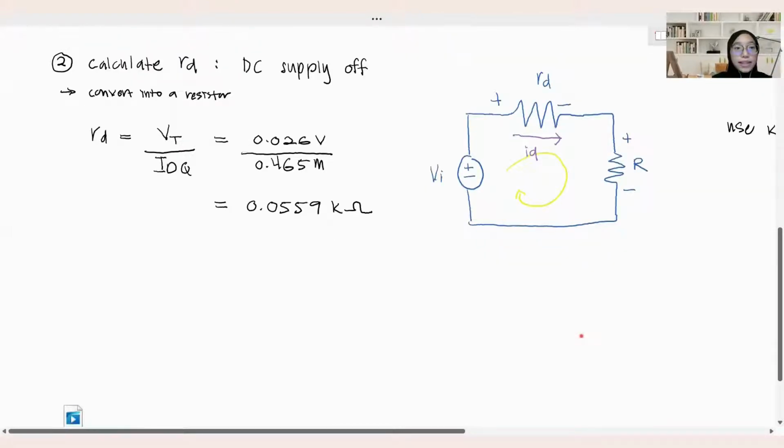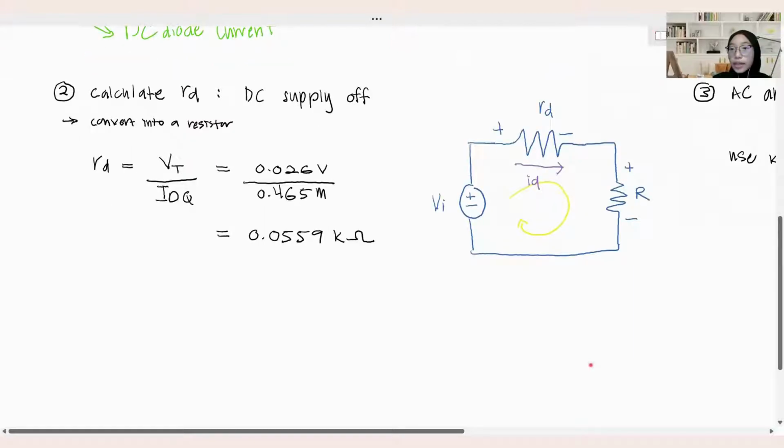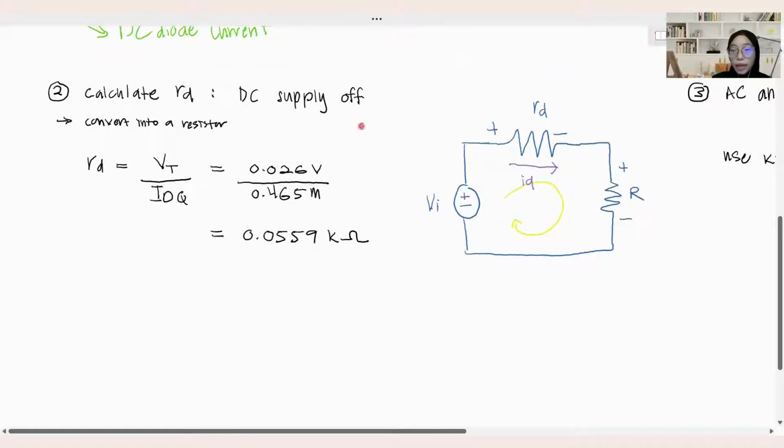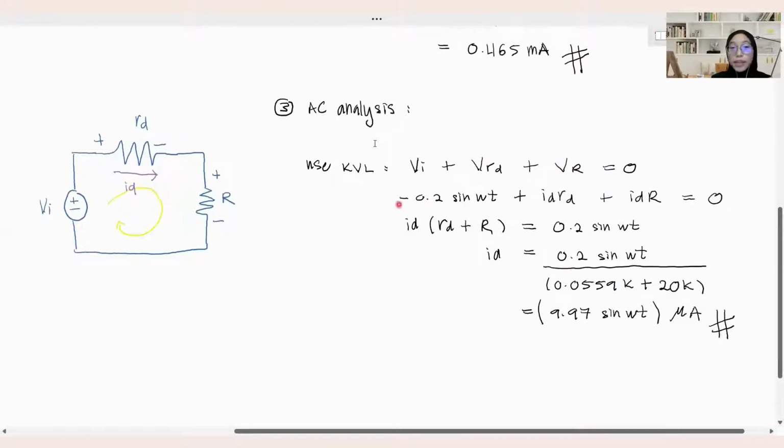The second step is to calculate RD by turning off the DC supply. Then the diode will convert into a resistor. So we get RD using the formula VT over I, and we get RD equal to 0.0559 kilo ohm. The third step is doing AC analysis.